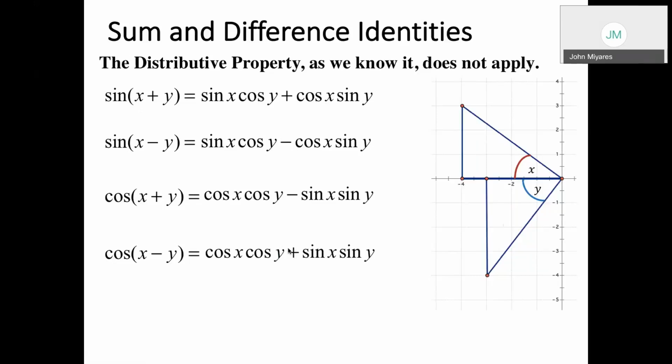Now, there's probably two questions you're thinking about in the back of your head. Well, three, if you include the fact that I already answered the question about whether or not you have to memorize these identities. First, will you need to know how to prove that these identities are true?